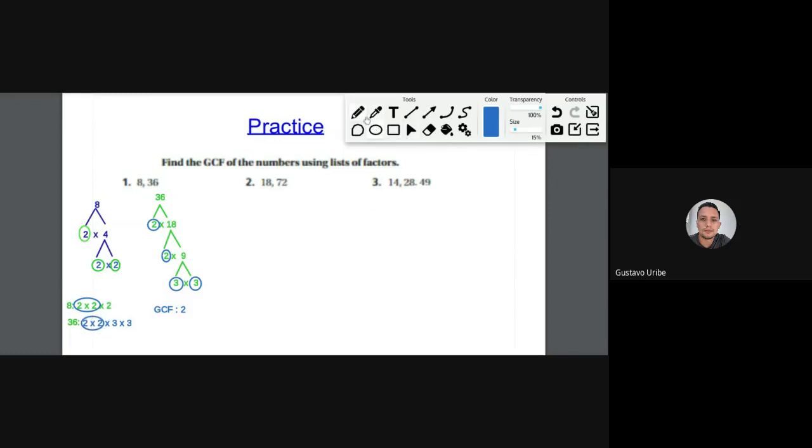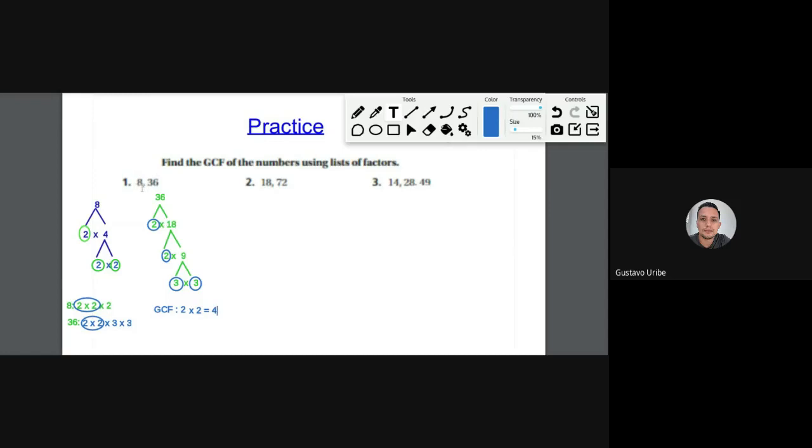So actually, in reality, my GCF is not 2. It's actually 2 by 2. So I have 2 by 2, and 2 times 2 is going to give us 4. So in reality, I missed a 2 here.